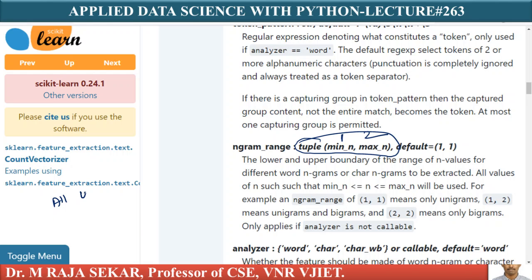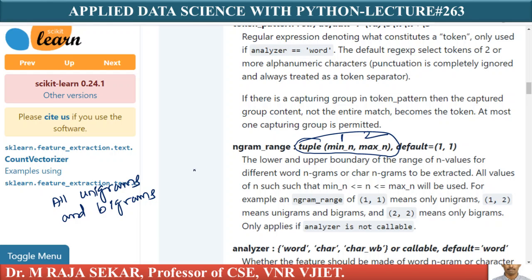It will get all unigrams and bigrams. You will get unigrams as well as bigrams, isn't it?